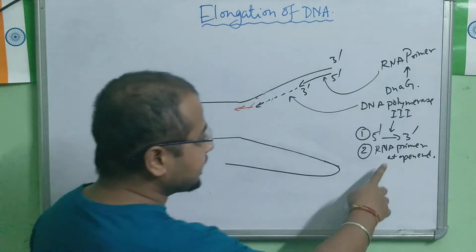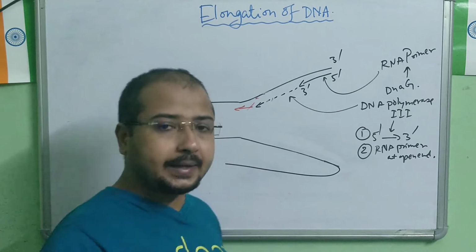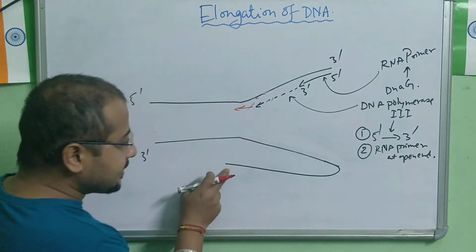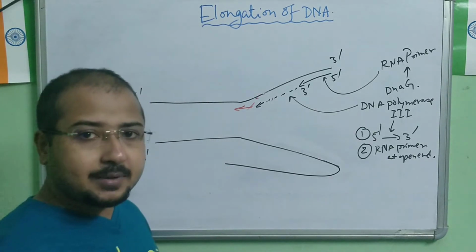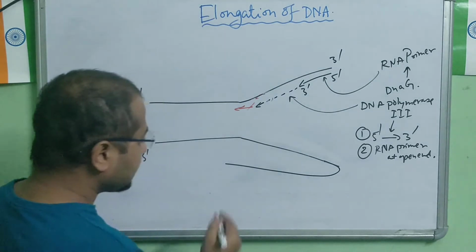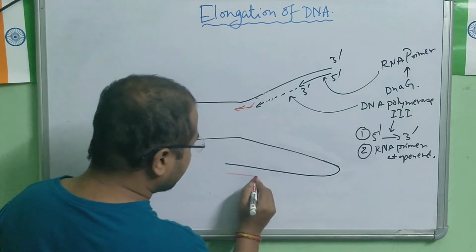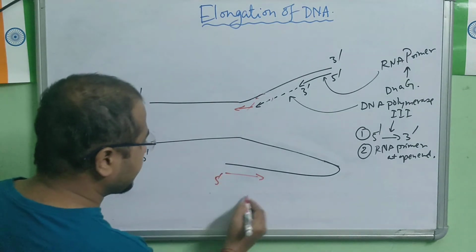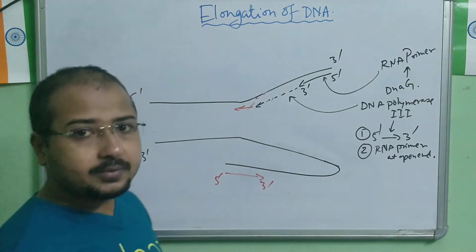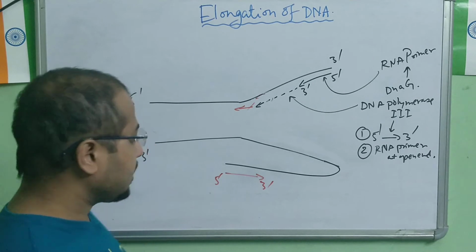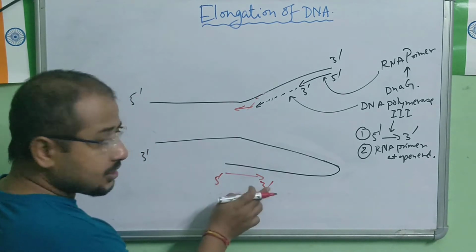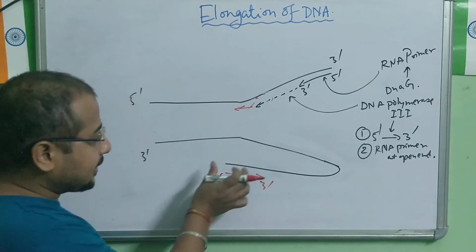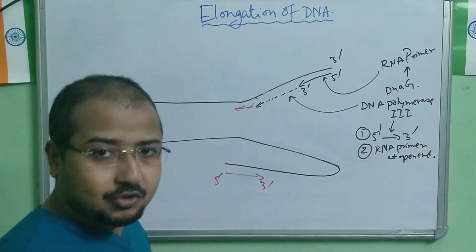I said that the RNA primer develops at the open end. So this is the open end, and here the RNA primer is supposed to form, right? So the RNA primer forms here in this direction, with the 5 prime and 3 prime directions as shown. In this direction the RNA primer is forming at the open end of the DNA strand.